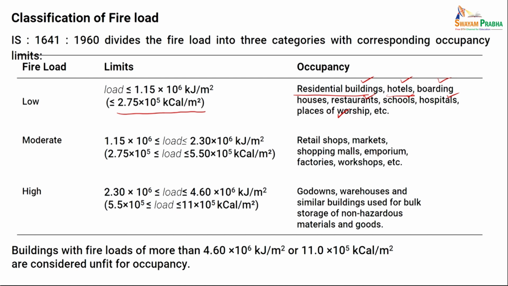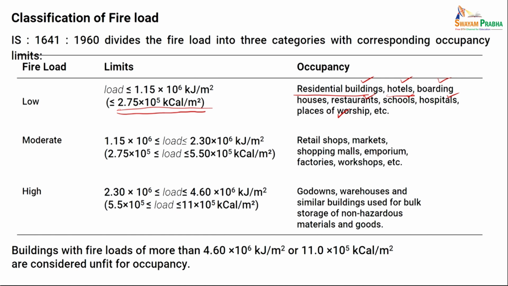So, yes, if you can calculate the entire load and then classify them, you can understand that not only per meter square is the total, but the entire building has a lot of potential if it is set to burn. Moderate, we see retail shop, market, shopping malls.